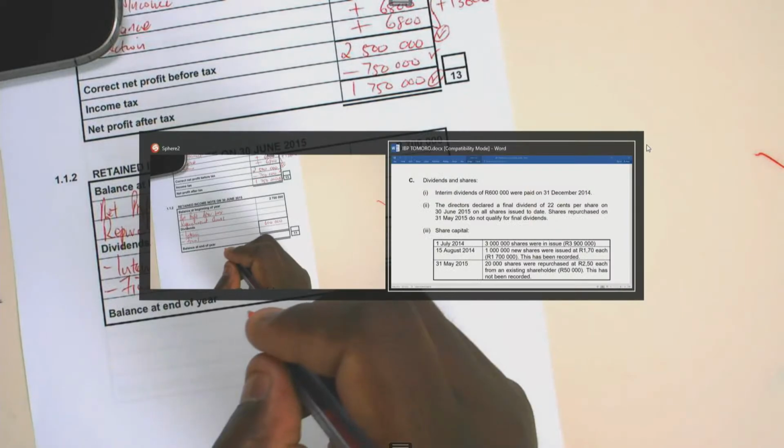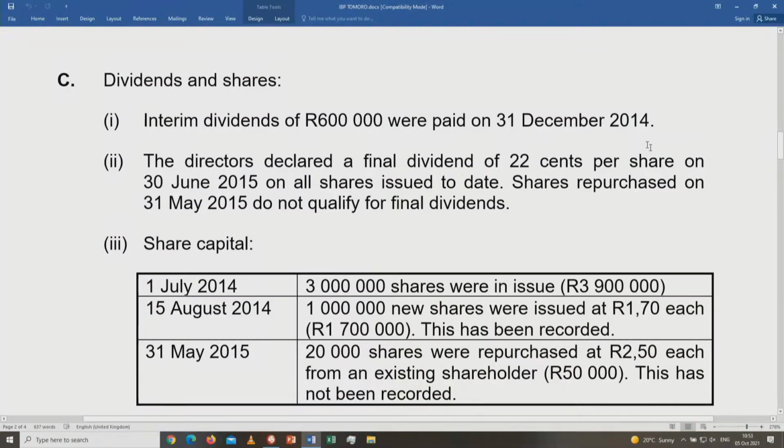Then we go to number two. Number two says here, the directors declared a final dividend of 22 cents per share on 30 June 2015. That is the end of the financial year. Remember, at the end of the financial year, the company will always declare a final dividend based on the shares that are in issue at that particular time.